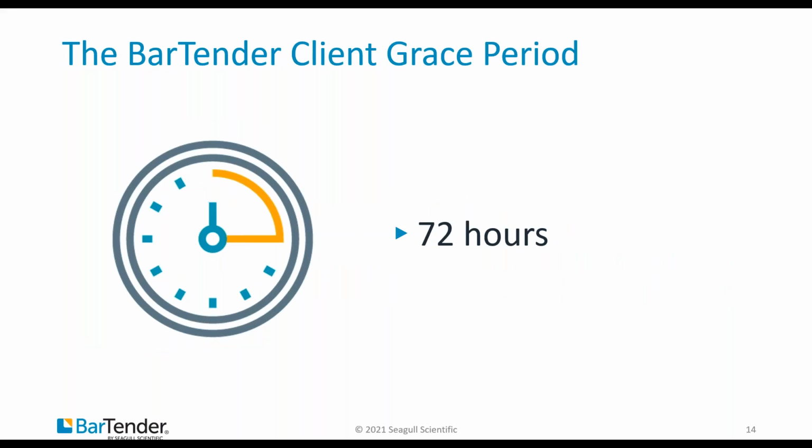Okay, so let's go into more detail regarding your options to ensure the highest availability uptime for your BarTender license server. So with a standard license, each BarTender client connects to a license server upon first startup, after each print job is produced, and periodically to ensure that the license server remains available to it.